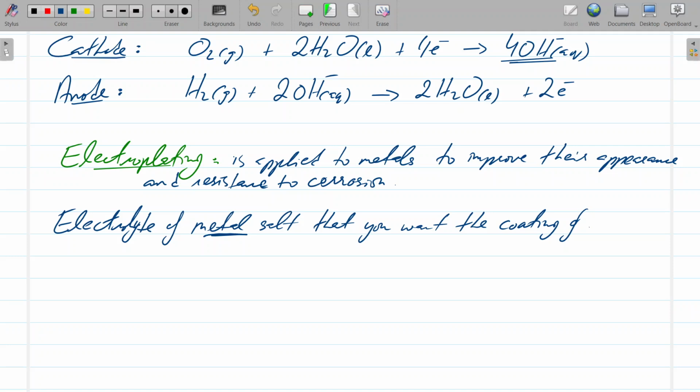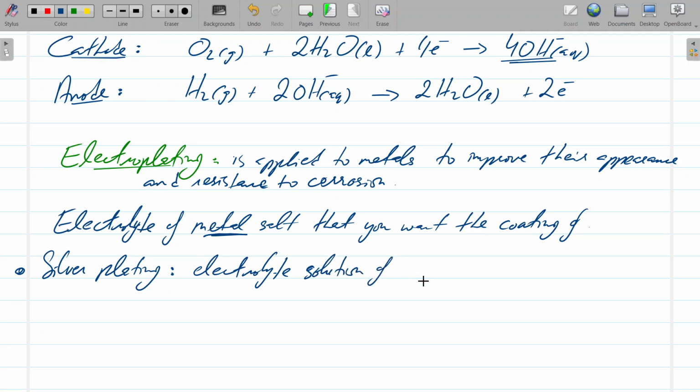An example is silver plating. In silver plating, whatever item you have, the electrolyte is an aqueous solution of a silver salt.